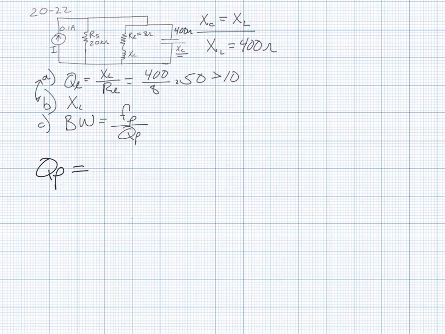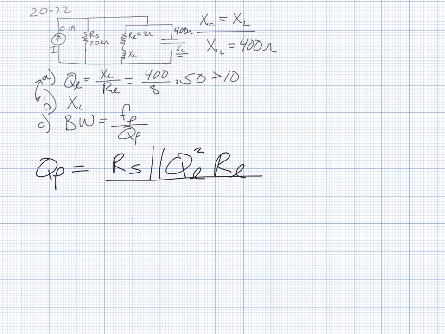what we have for the resistance, the series resistance here, and we know it's not infinity. So we know that we have the series resistance in parallel with the Q of the inductor squared multiplied by the resistance of the inductor, and this was all divided by the reactance of the inductor.